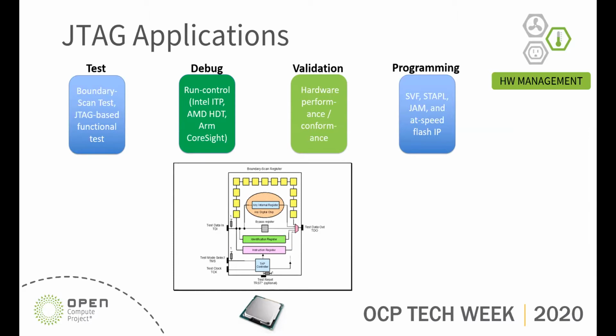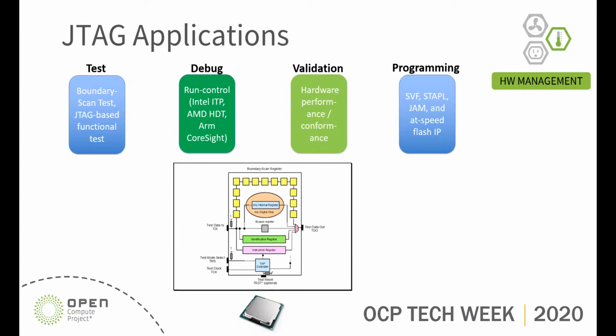Test is probably the most well-known application of JTAG. Boundary scan test and JTAG-based functional tests are used in just about every electronic system factory and production facility in the world. Debug is what we're going to be talking about now. Also known as run control, examples are the Intel in-target probe, the AMD HDT, and ARM has the CoreSight debug and trace specification standard.